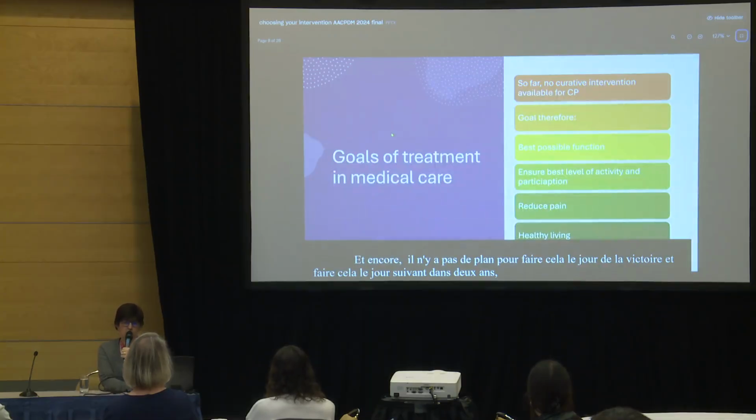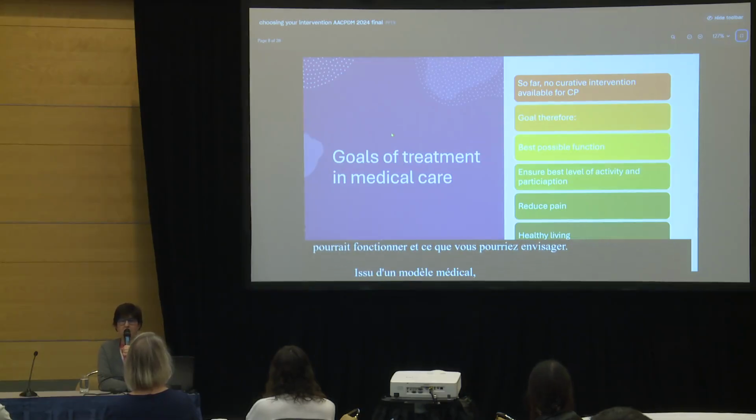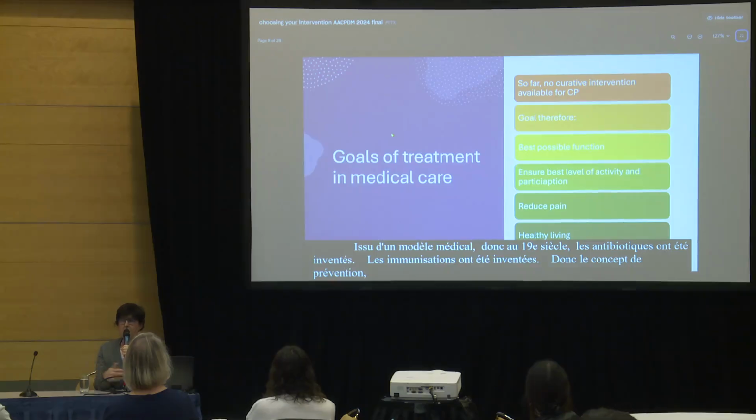And so again, coming from a medical model, in the 19th century, antibiotics were invented, immunizations were invented, so the concept of prevention, but also finding a cure for a bug that is identified and you're healed, was driving medicine for many, many years and is still driving.